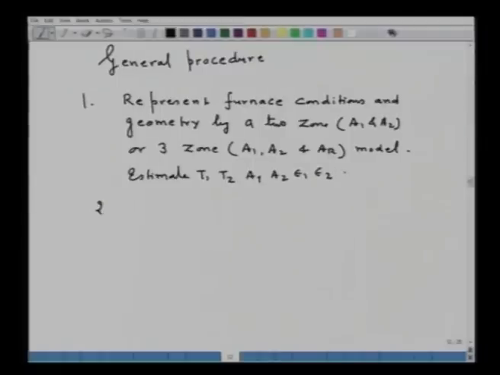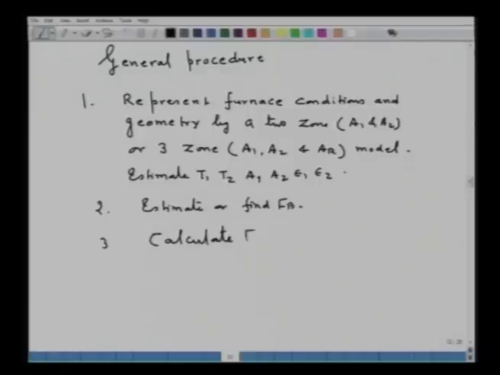Then second, we estimate or find the value of FB. Once you know the value of FB and A2 by A1, then calculate FBR.